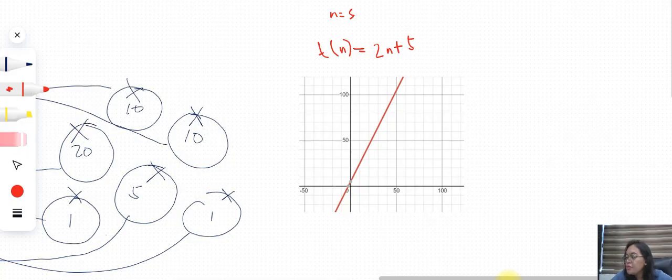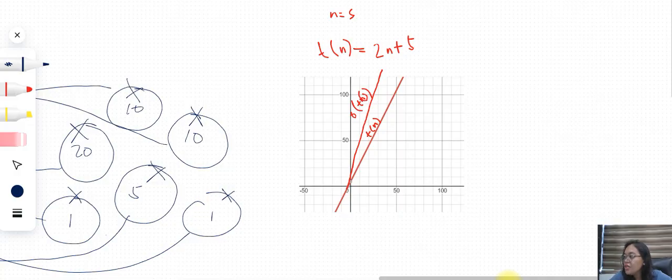Now, when you say upper bound, it is like this line or another function which is always above your actual T of n. So if this is your T of n, your big O of T of n is your upper bound. Technically, it means that no matter what happens, your function will not cross your upper bound. There's no way it will cross your upper bound. So this could be the highest estimate of your T of n.